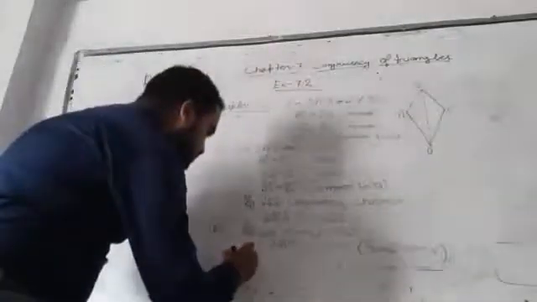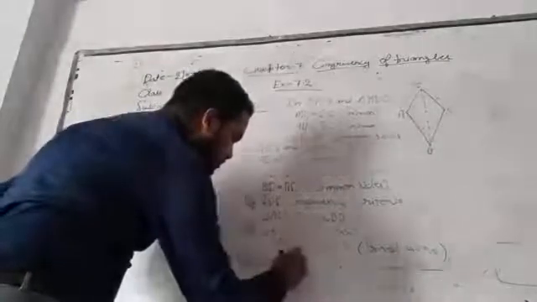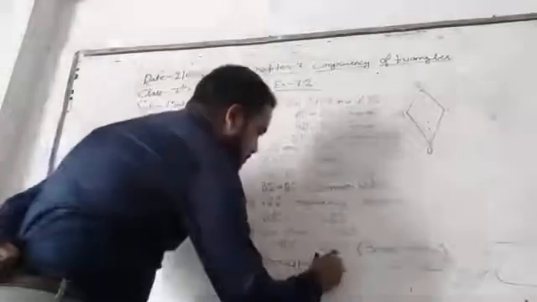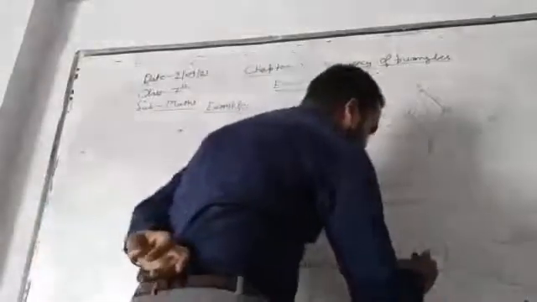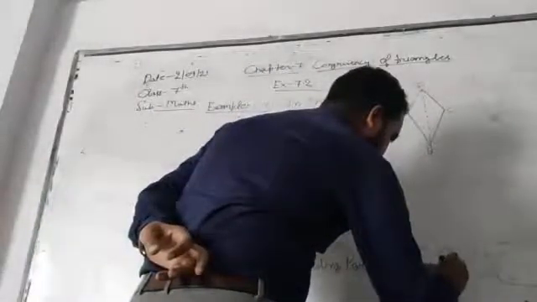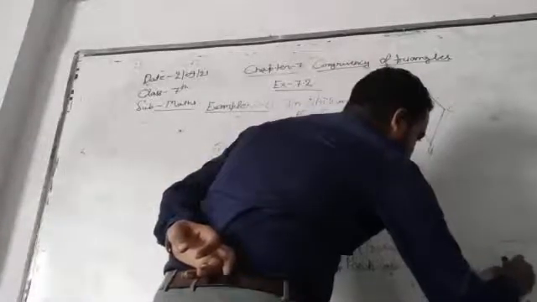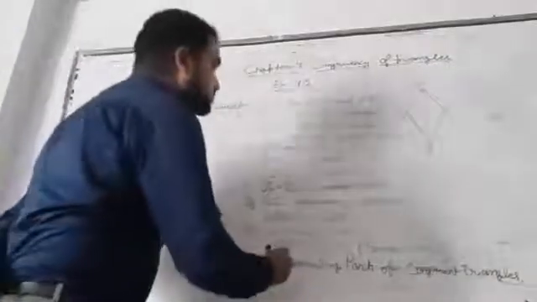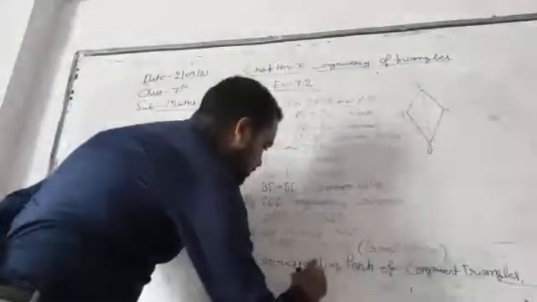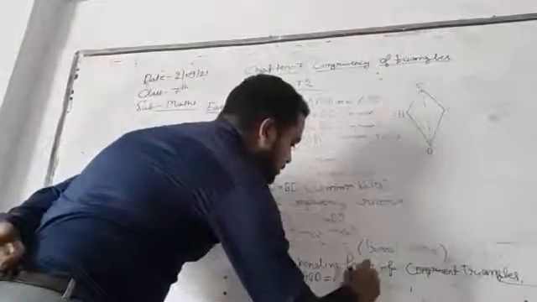Now, by corresponding parts of congruent triangles, we all know that corresponding parts of congruent triangles are equal to each other. Therefore, angle ABD is equal to angle DBC.